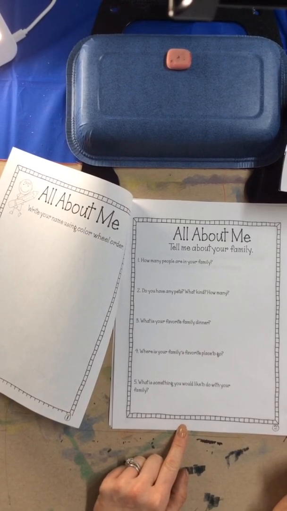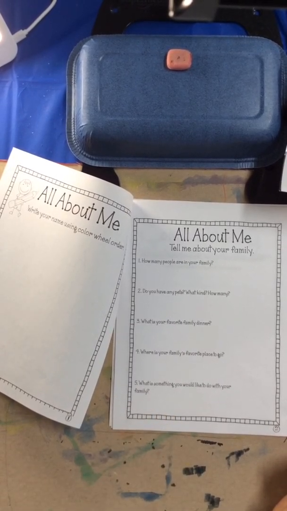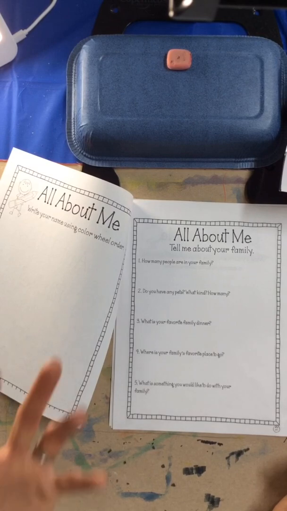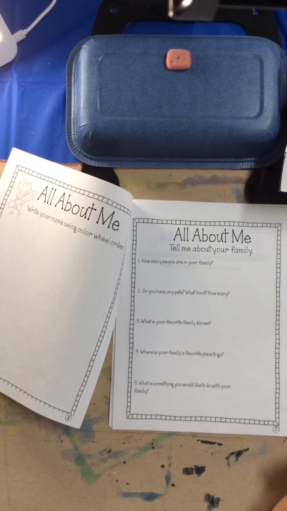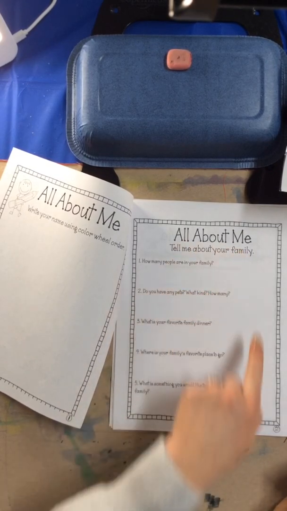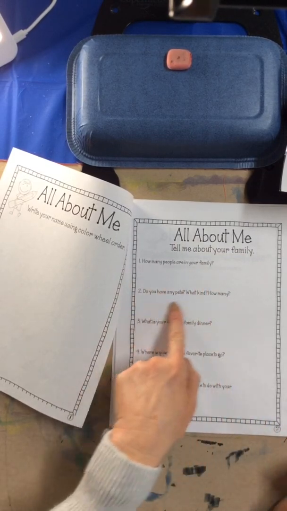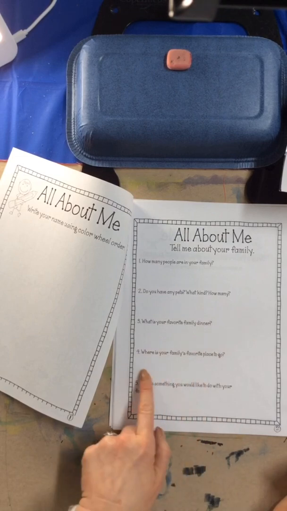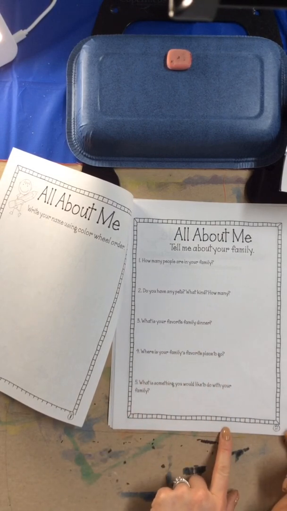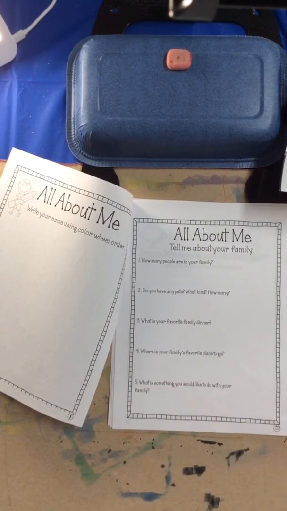Now, artists, we need to know about ourselves and what we like before we can create art, because art is a reflection of ourselves. So in this all about me page on number 2, I want you to answer these questions. Answer all 5 of these questions, and then we'll talk about it next time.